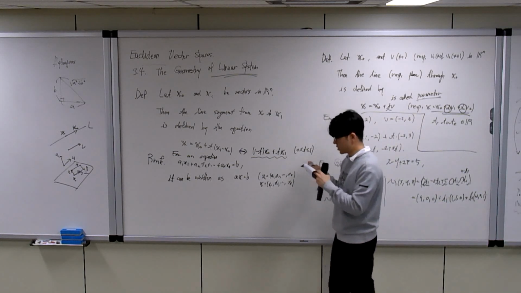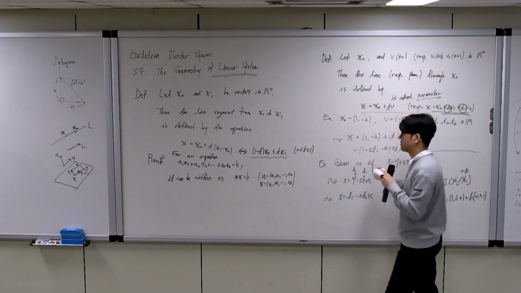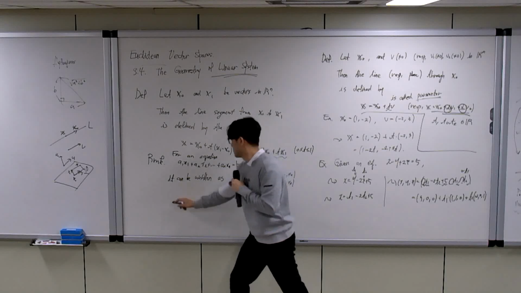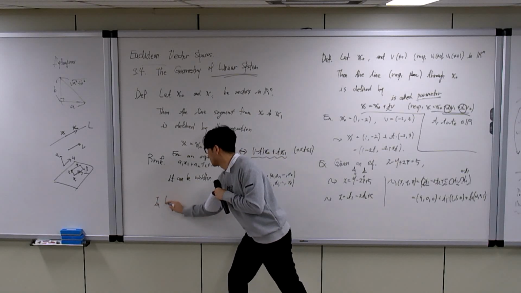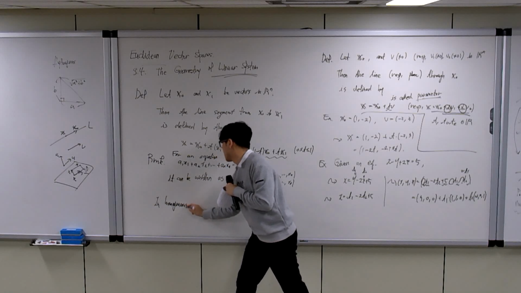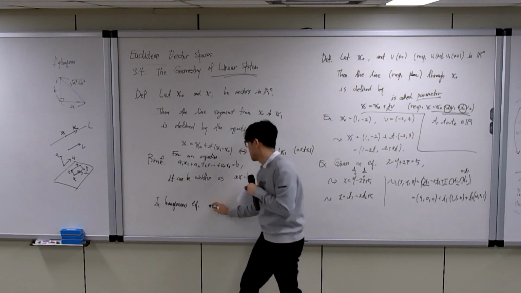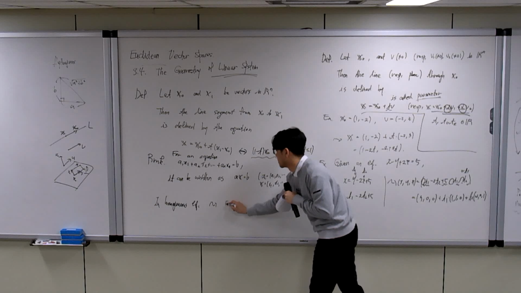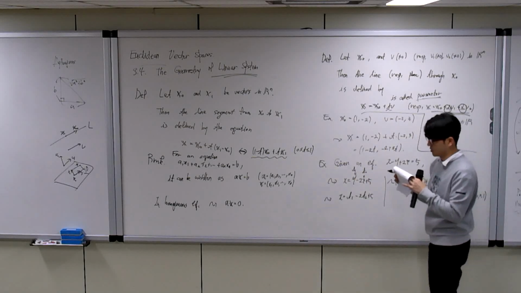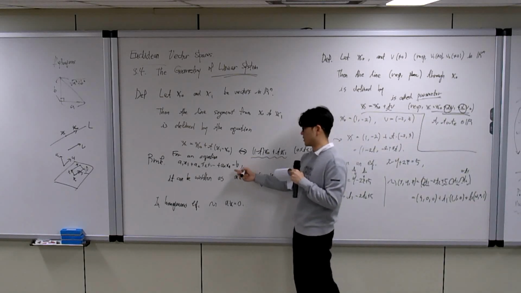Also in the homogeneous equation case, it will be written a dot x equals 0, because the homogeneous form has b equals 0.